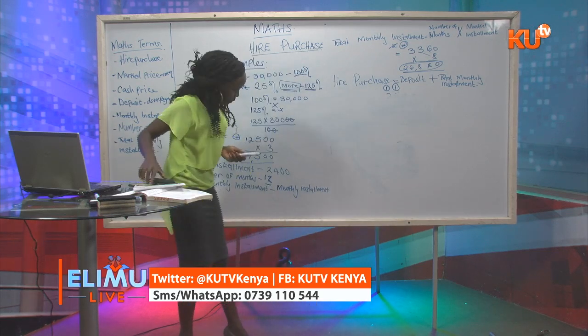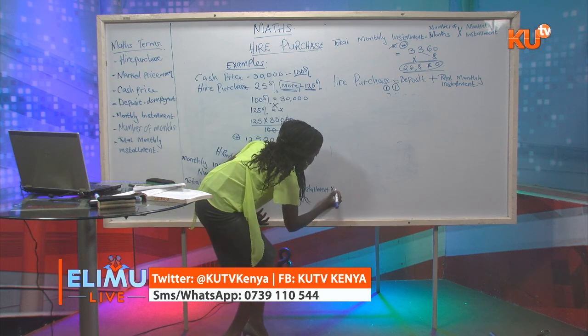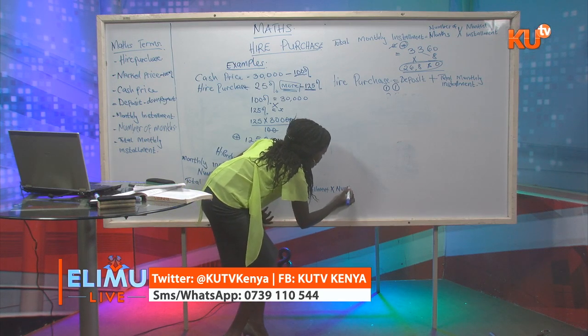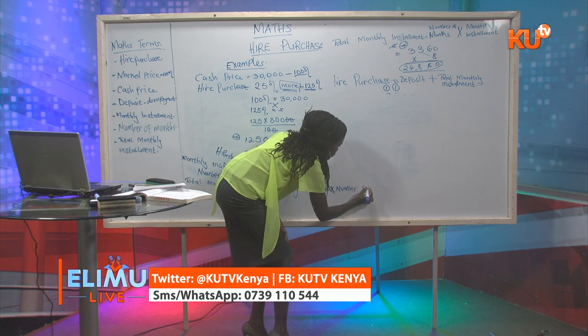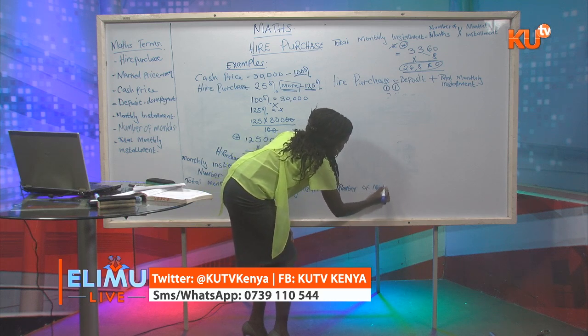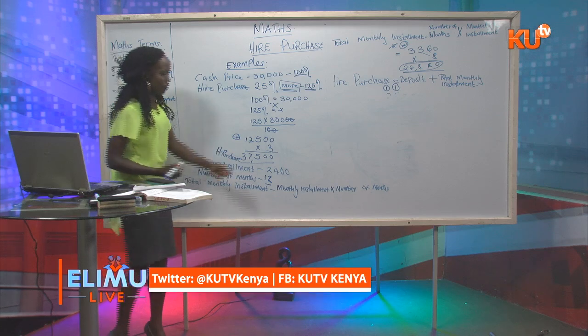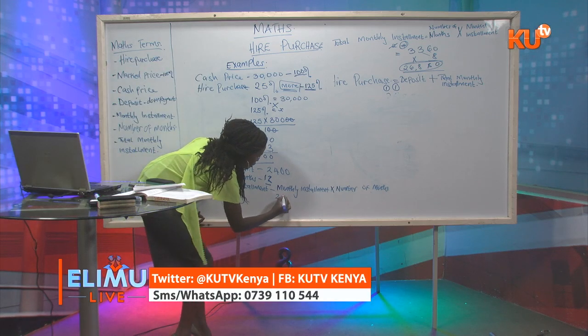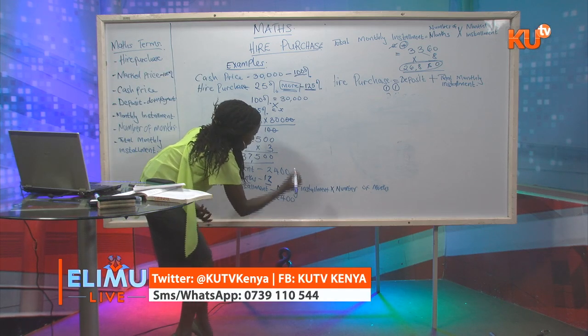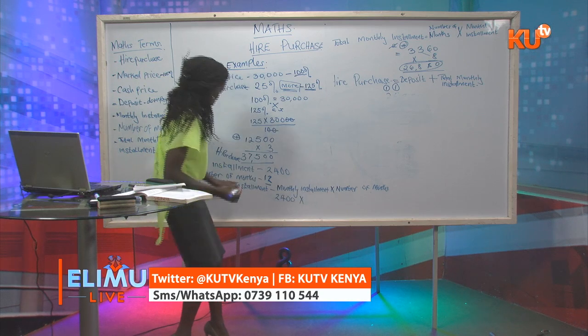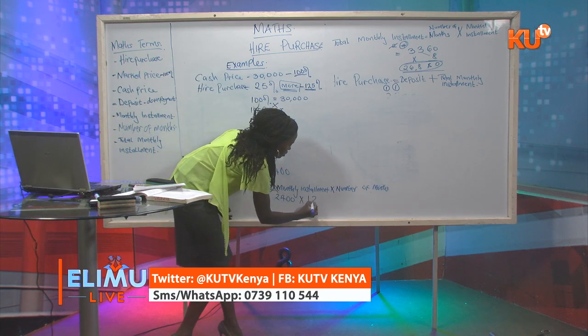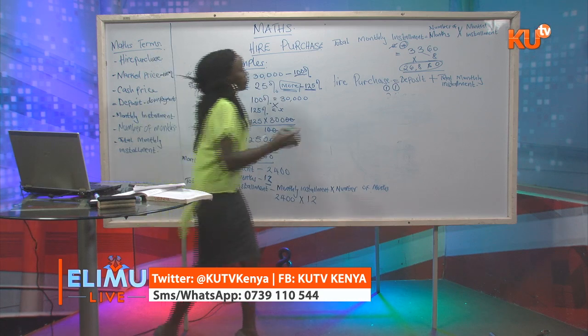The monthly installment was 2,400, so you take 2,400 multiplied by the number of months. A year has 12 months, so times 12.